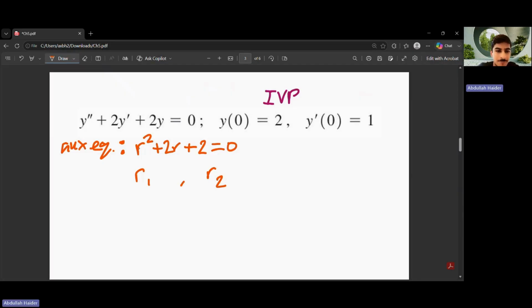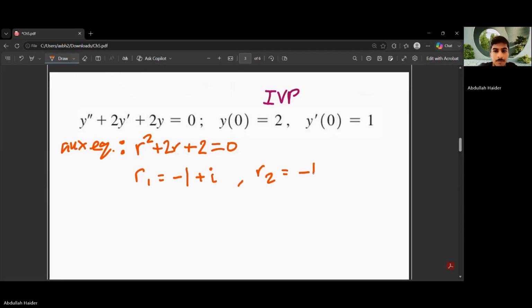So when you find the roots, you get r1 equal to minus 1 plus i, and you get r2 equal to minus 1 minus i.